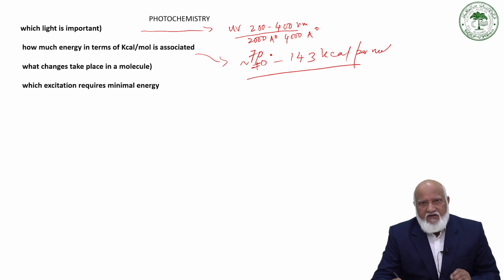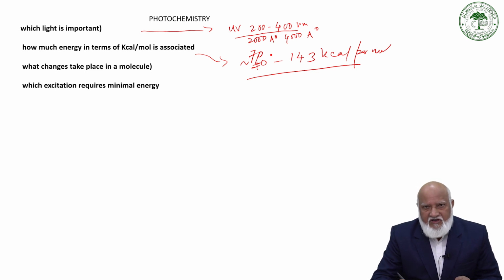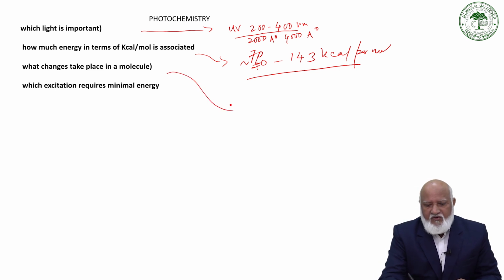Now when we shine light, mainly the UV light ranging from 200 to 400, which is equivalent to around 70 to 143 kilocalorie per mole, what change takes place in a molecule? The molecule undergoes electronic excitation.